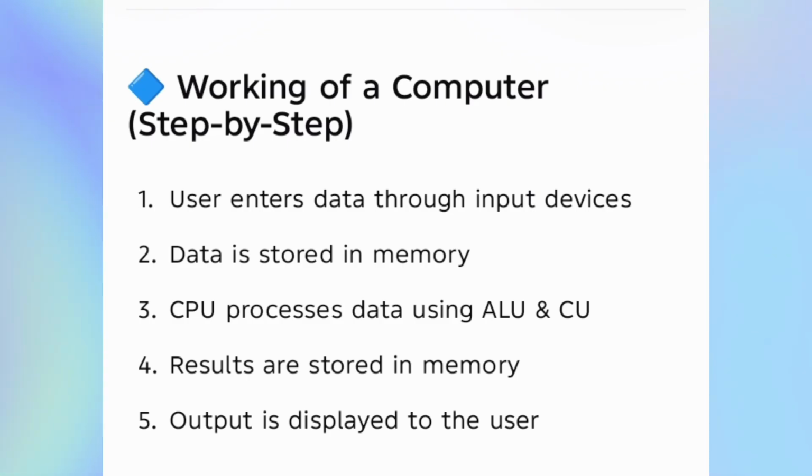Working of computer step by step. The user enters the data through the input devices. Data is stored in memory. The CPU processes the data using the ALU and control unit. Results are stored in memory. Output is displayed to the user. This is the working of a computer step by step.